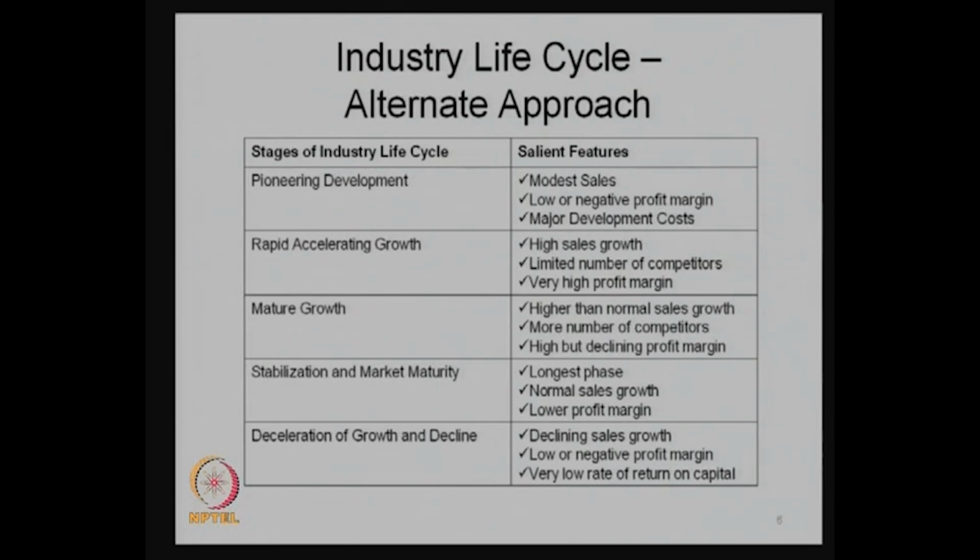The first one is called pioneering development, where you have a limited amount of sales and, at the same time, a lower profit margin, because at this point huge costs and capital expenditures are involved, and a big amount of depreciation. So there may not be as much revenue to take care of the cost. It is quite likely that there will be a lesser profit margin, or maybe even a negative profit in the initial phase.